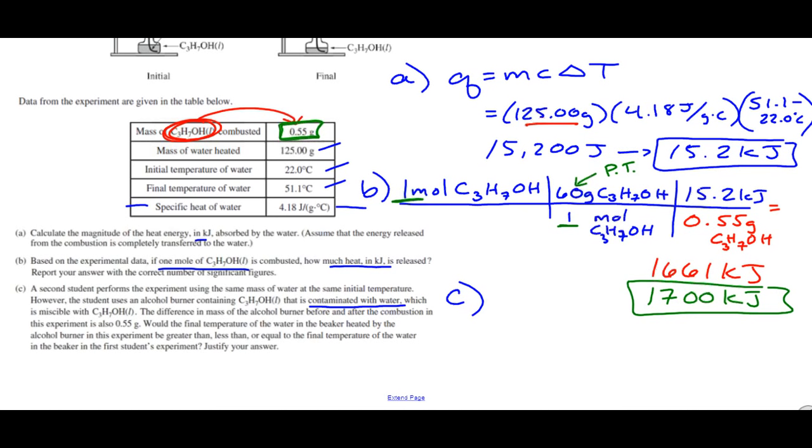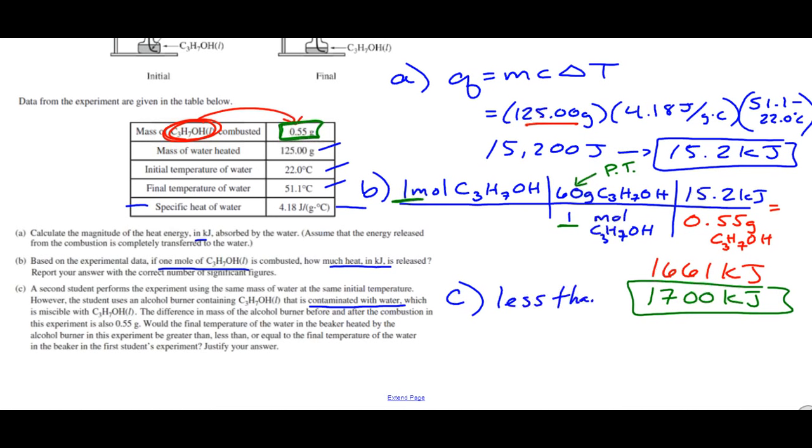Because the fuel, quote unquote, that was burned was not pure alcohol or pure fuel C3H7OH, and some of the mass that was lost was water vaporizing, which would not give off heat and transfer heat to my water, it should be less than.